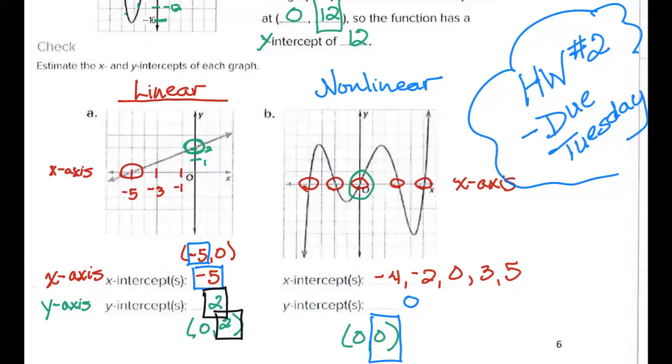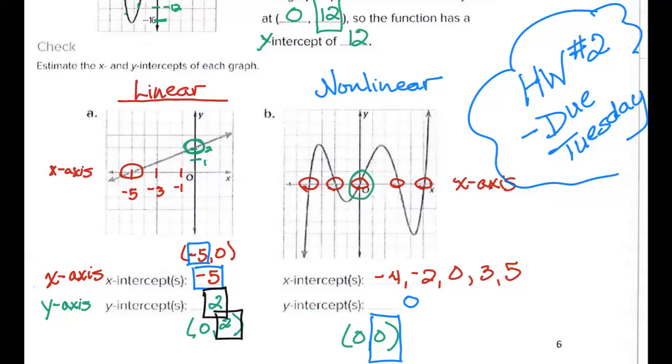Because anything on this x-axis, it's not up higher, it's not down lower, so that y-coordinate is always going to be 0. Same with the y-intercept. That's where your graph crosses the y-axis. And so the y-intercept is going to be the y-coordinate.